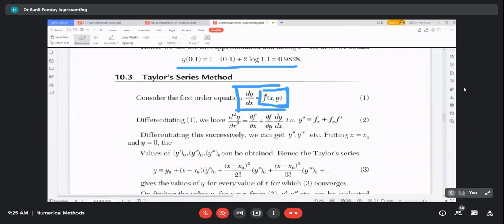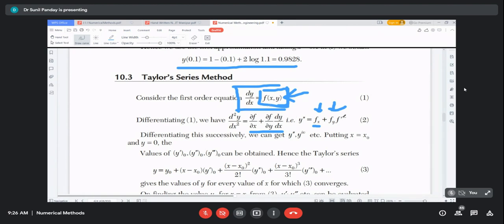So the differentiation of f of x, y with respect to x will give us this. And then del f over del x you have represented by f suffix x, and del f over del y by f suffix y, and dy by dx as f dash. Instead of f dash, they should write f only actually, because this is dy by dx, and dy by dx is actually f of x, y.